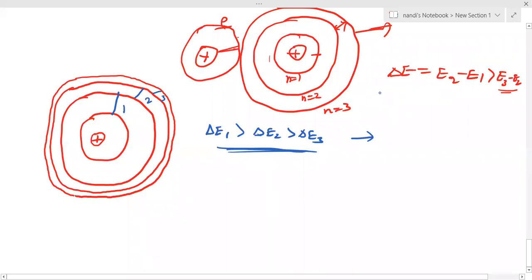When the number of shells increases, energy difference between shells decreases. Energy difference between shells decreases. Energy difference, you are getting my point? Energy difference is the term I am using, sir.